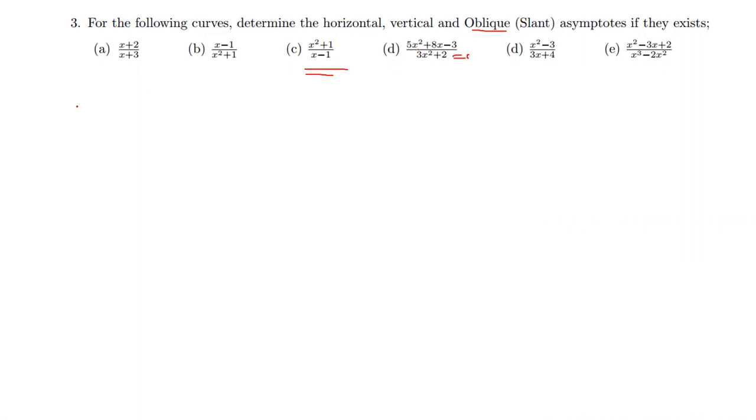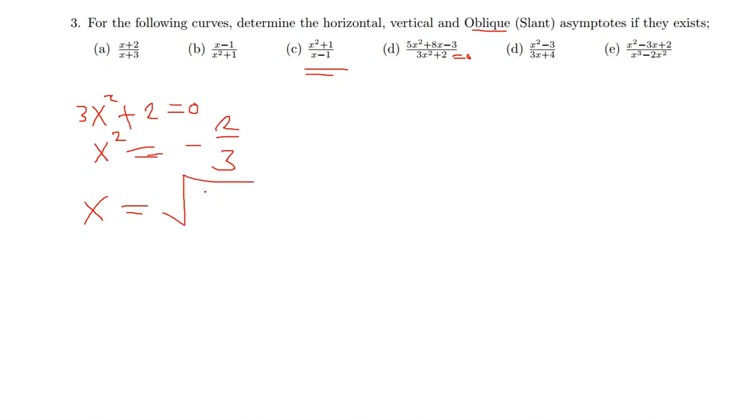So I'm going to have something like 3x squared plus 2 is equal to 0. When you make x squared the subject, you discover that you're going to have negative 2 over 3. Then finding the value of x will give you a complex number, which is the root of negative 2 over 3.